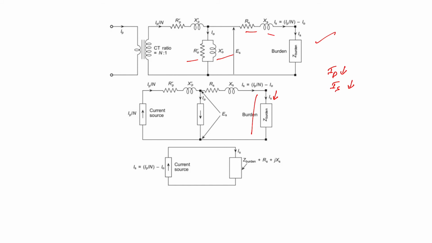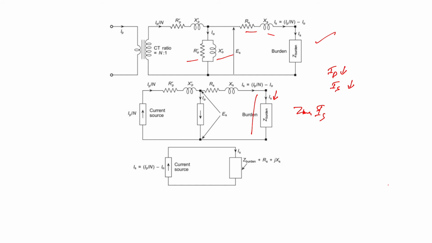If the current is low, then the drops are low, and the total voltage induced by the secondary winding is equal to Z burden into I secondary. So the total voltage which is induced is Z burden into I secondary, which is also low because IS is low in that very case.